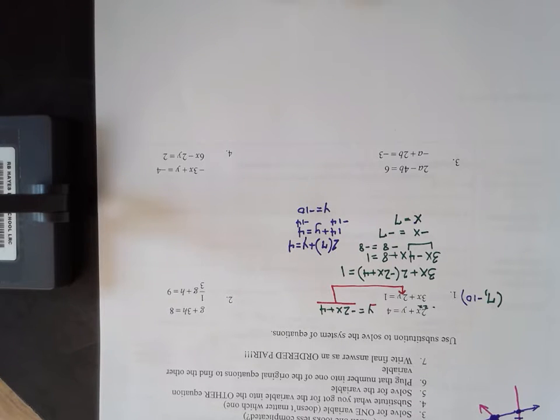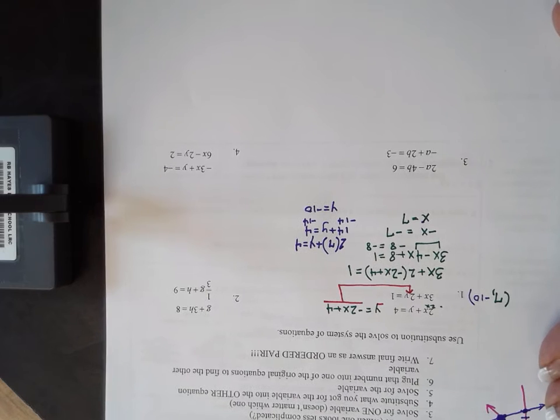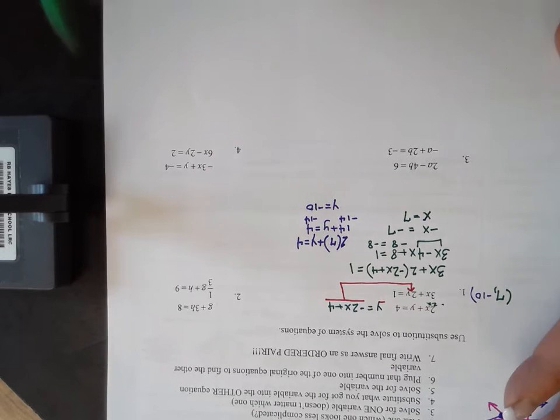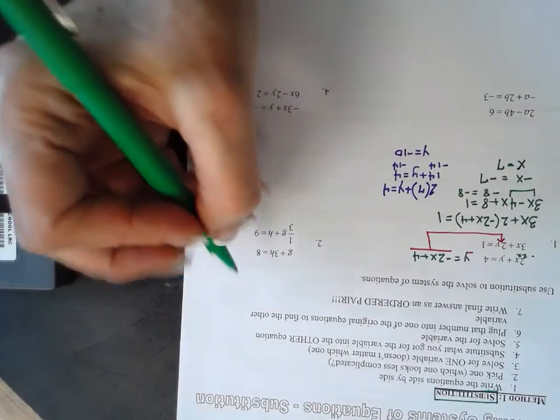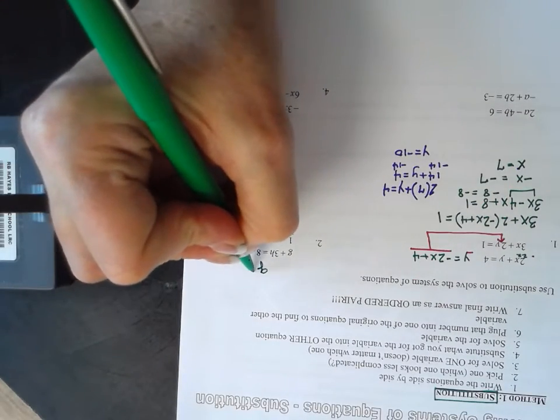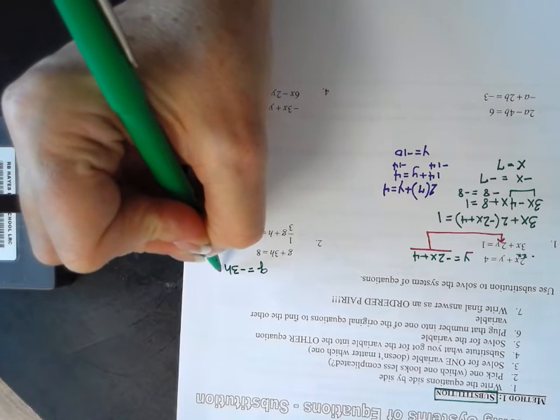All right, let's look at the next one. Do you want to solve for g or for h? First question, does it matter? No, it really is not going to matter. I'm going to go ahead and just solve for g just because it's on the top.